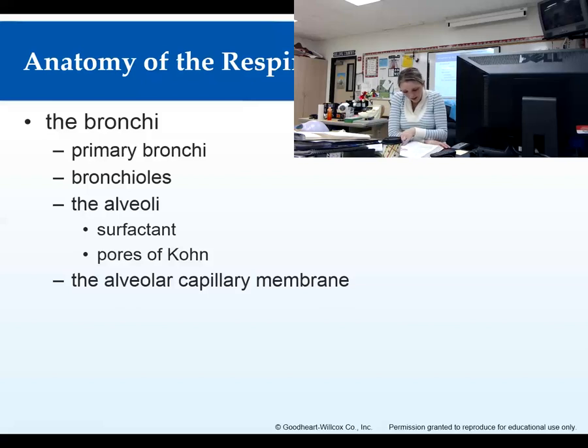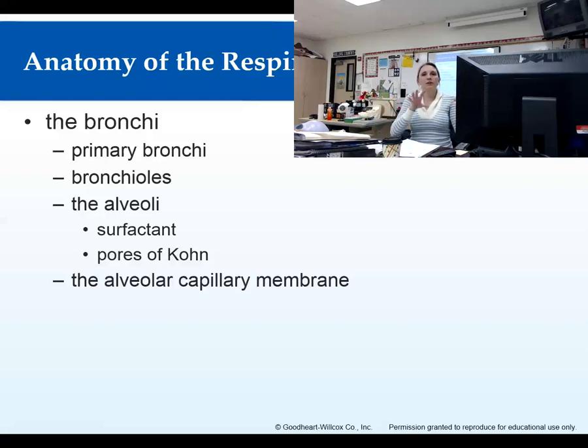Look on page 307, and you can see it talks about the conducting zone and the respiratory zone under where it says alveoli. The conducting zone is your bronchioles and then the bronchial branches. Think of conducting as when things are able to move across something.